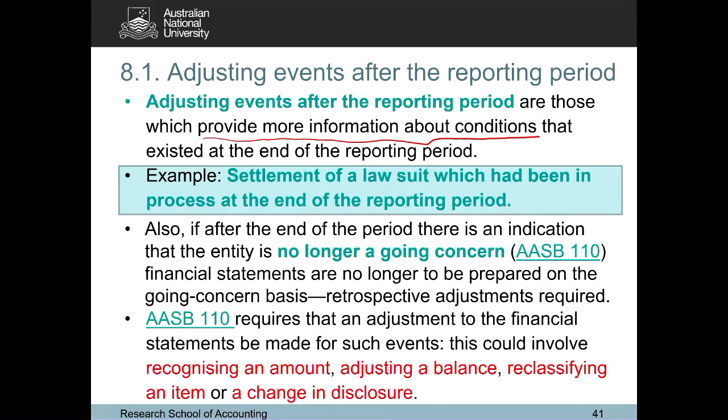For adjusting events, if you feel it's difficult to judge whether something is adjusting or non-adjusting, think about whether it involves an amount, some balances, reclassifying an item, or a change in the disclosure, which means you have already done something. Then you need to adjust something. Is that clear? So this is for adjusting events.